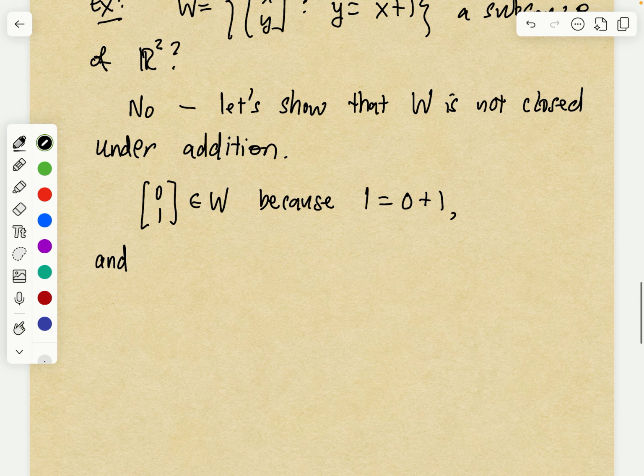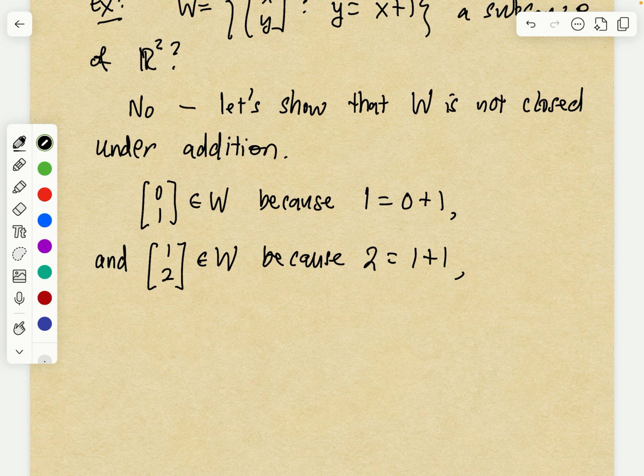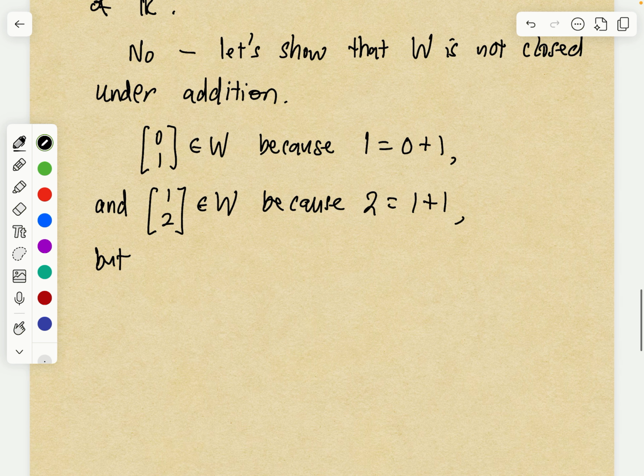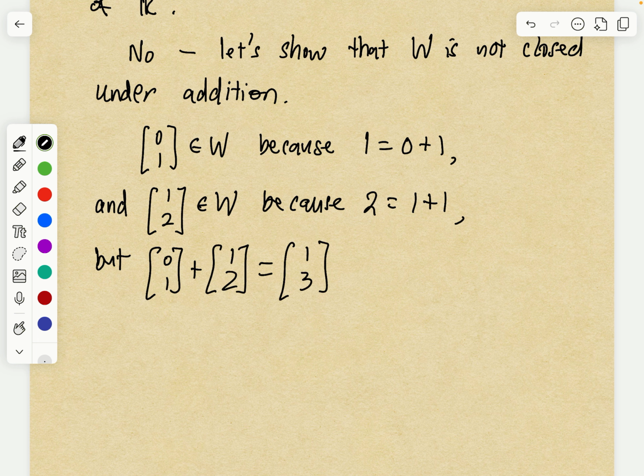And can you come up with another vector in W? How about (1, 2)? That's in W because the second component is 1 more than the first component. But if you add them, what do you get? You get (1, 3). And that is definitely not in W.